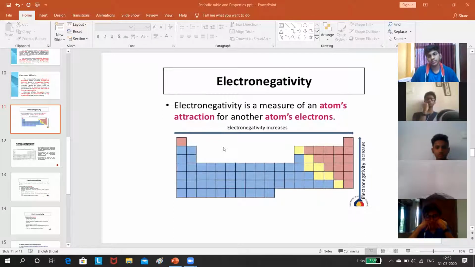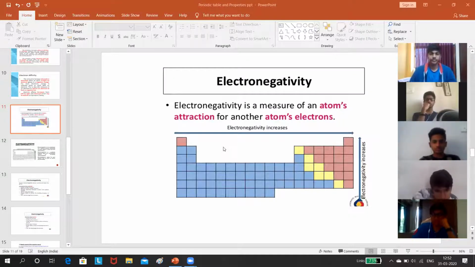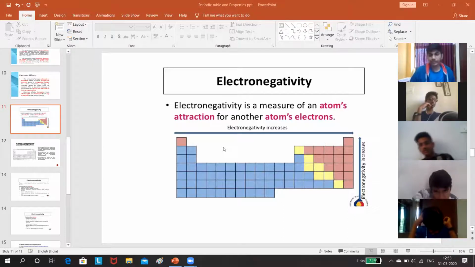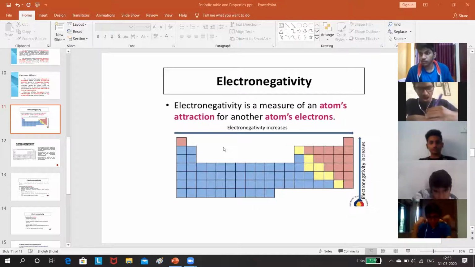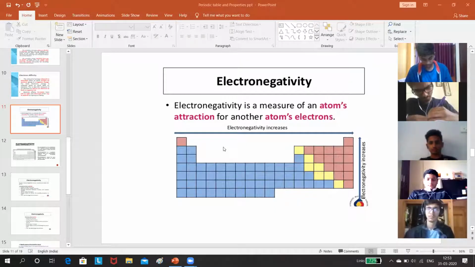As the nuclear charge is increasing across a period, the electronegativity also increases. And down the group, as the nuclear charge decreases, electronegativity will decrease. So all of you underline that sentence in your textbook or else write it down. Across a period, electronegativity increases because nuclear charge increases, whereas down the group, electronegativity decreases because nuclear charge also decreases.